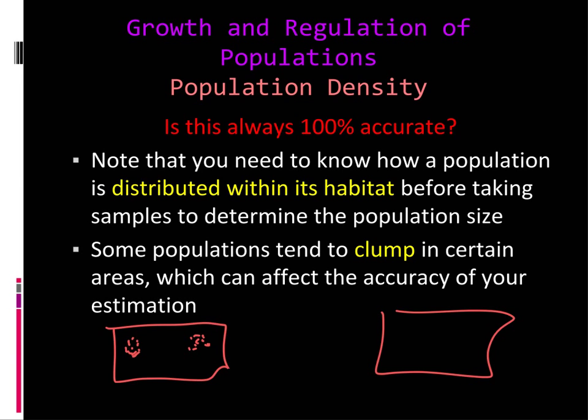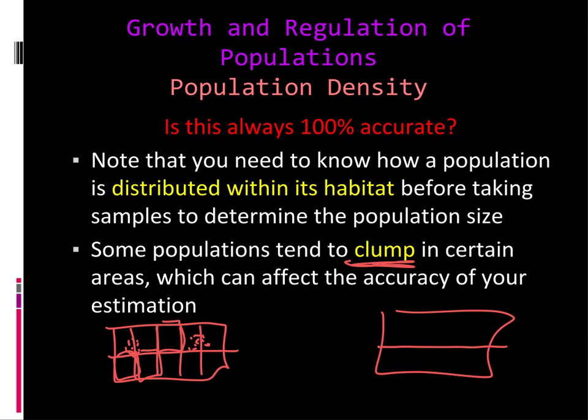And if we were to break apart and grid, this would not be an accurate calculation, because as you can see, we have nothing within this square, and very little in this square, and very little in this square. So our population density calculations would be slightly off because they would be clumped.